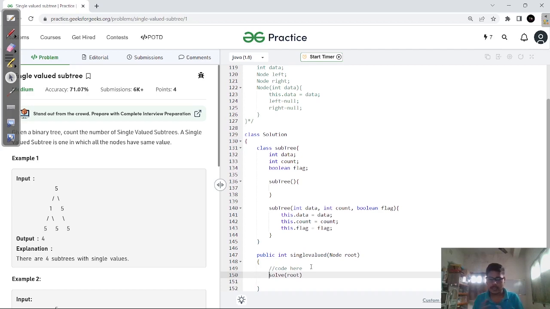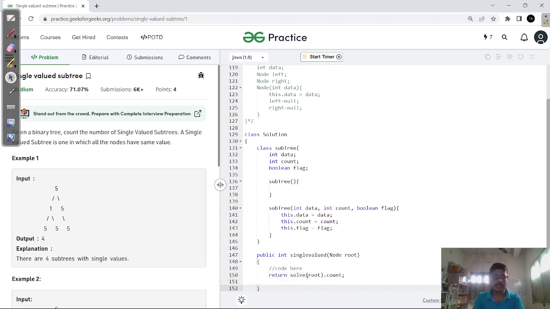One is the root node value, which is 5 here in this example 1, and the count of single value subtrees under this tree. So how many single value subtrees are there in this tree? And the third thing is whether this in total is a single value subtree or not. Okay, so this will give me a bunch of things, 3 things: data, count, and flag. So we are only looking for count. So we'll return count. So we'll return this.